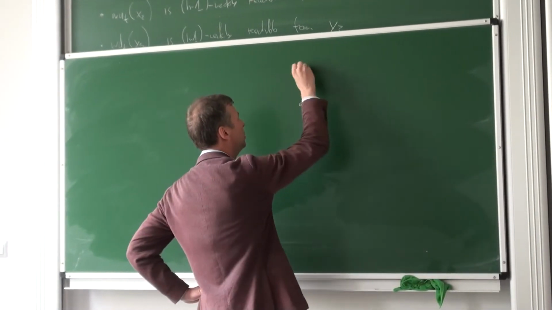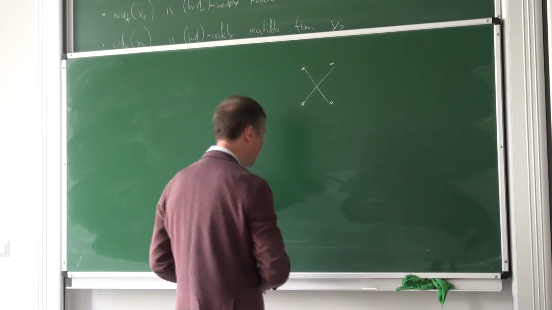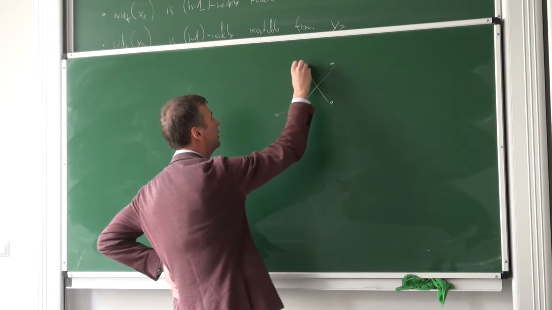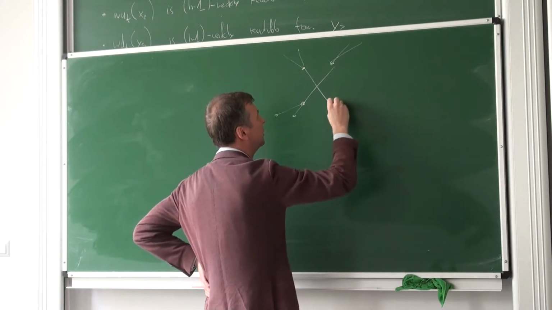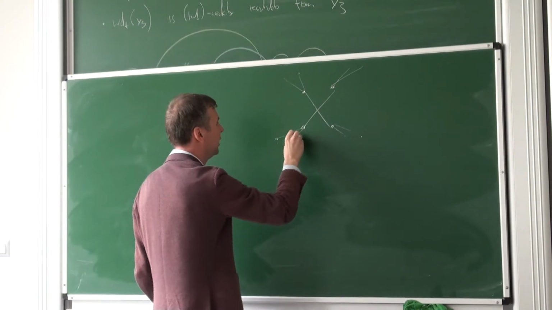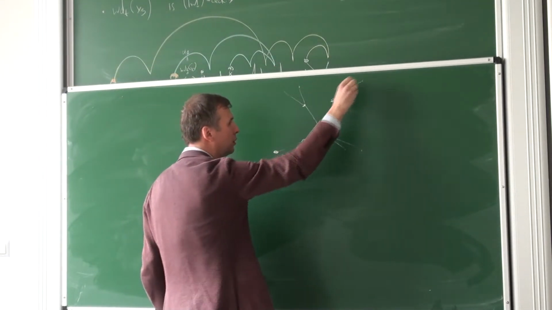So this is P2, it's just S2. And now I attach this guy here, this guy here, this guy here, this guy here. This guy here is below both of these.